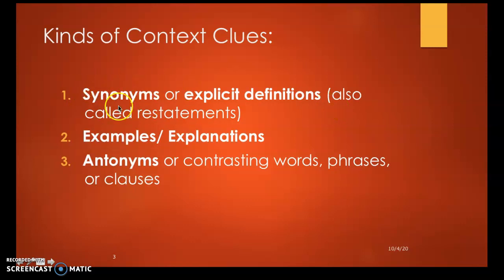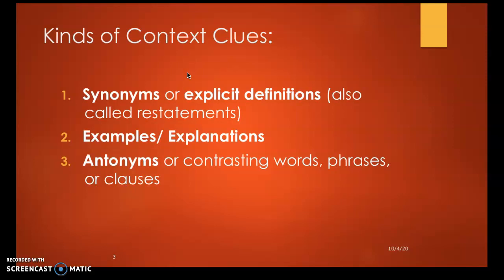There may also be a synonym, where it gives a word and then gives another word that means the same thing. So that's a restatement of the word. Sometimes you'll get examples or explanations of a concept or term, and sometimes you'll have antonyms or contrasting words or phrases or clauses. I'm going to show you examples of all these different types of context clues.